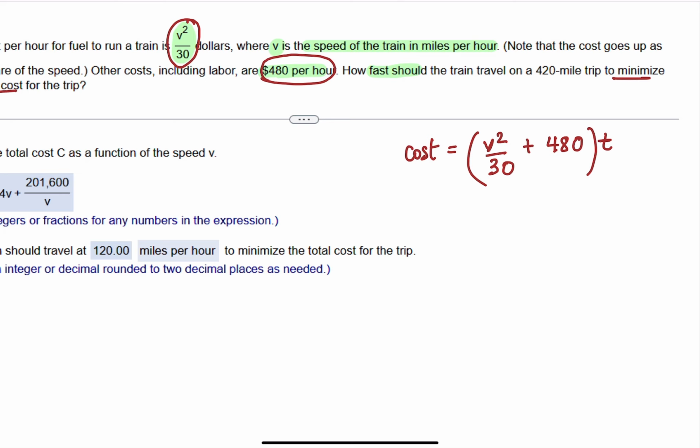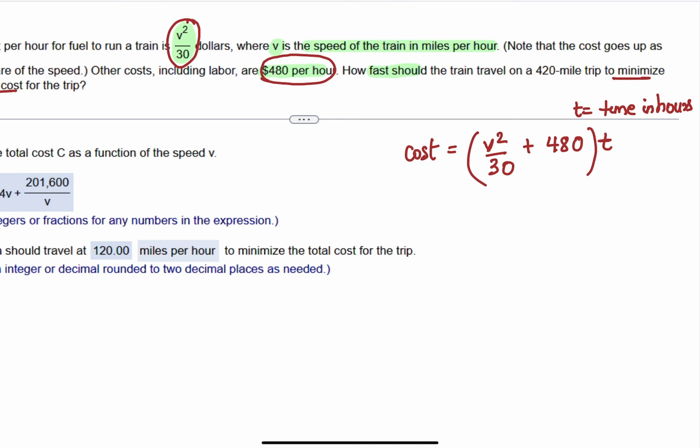If it's 2 hours, it's going to be V squared over 30 plus 480 times 2. So T here is your time in hours. That's how I calculate my cost per hour.